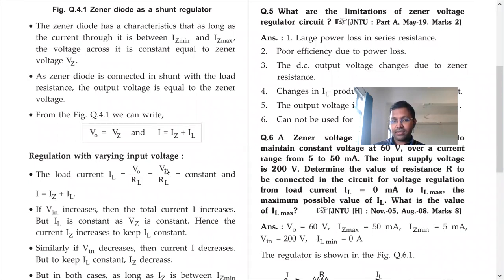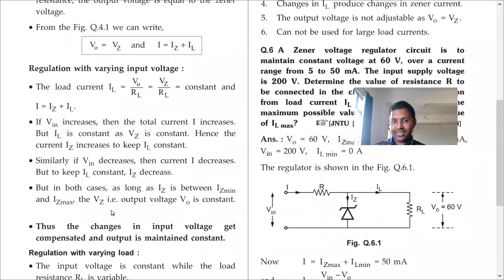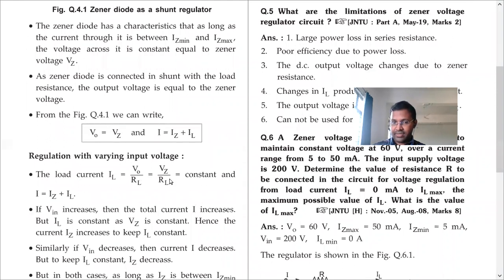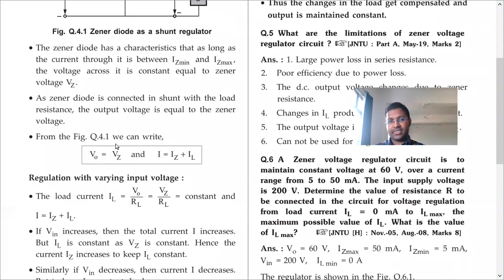VZ is constant. We are going for the second case, but still the equations are valid. Only thing is, in the second case, RL is changing. So IL is VZ by RL. So when RL reduces, because VZ is constant, IL will increase.